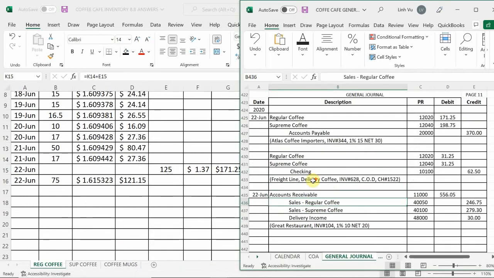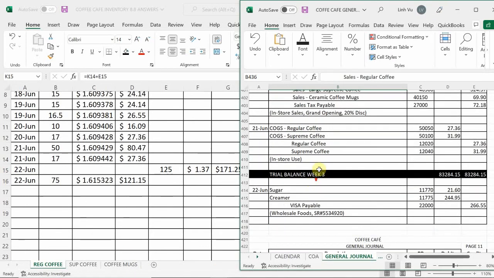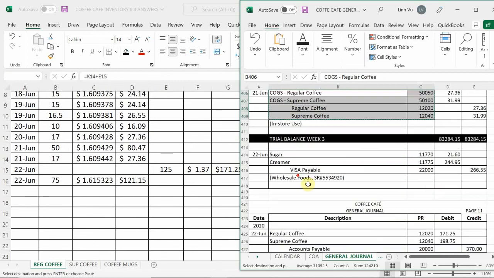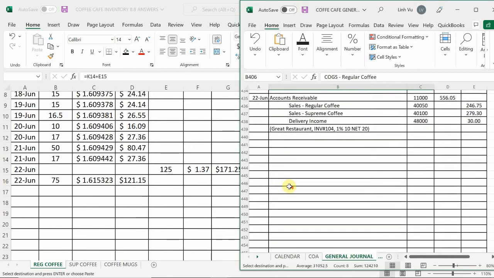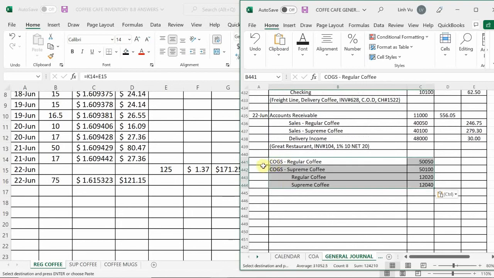So I need to journalize that. Okay, it's going to be 121.15.